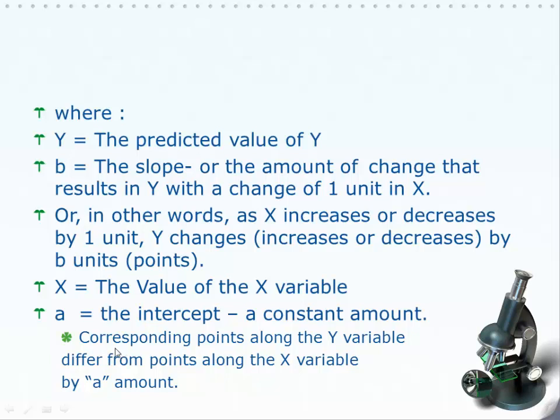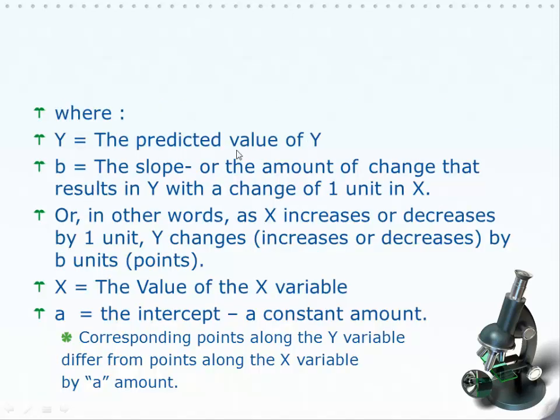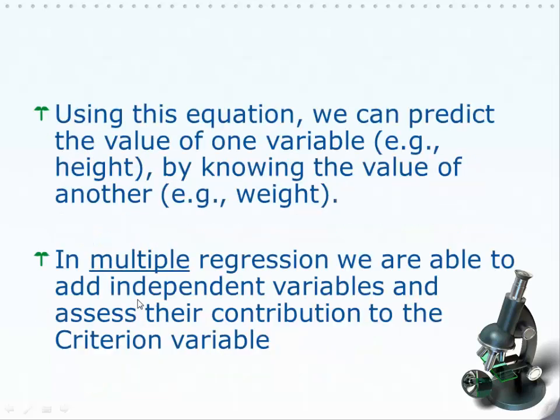So based on that equation, let's go back and look at it again. Y equals bx plus a. We can calculate the value of y, or Jane's score on the M scale, based on her score on the N scale, x, and the slope of the line, and the intercept, some constant amount.